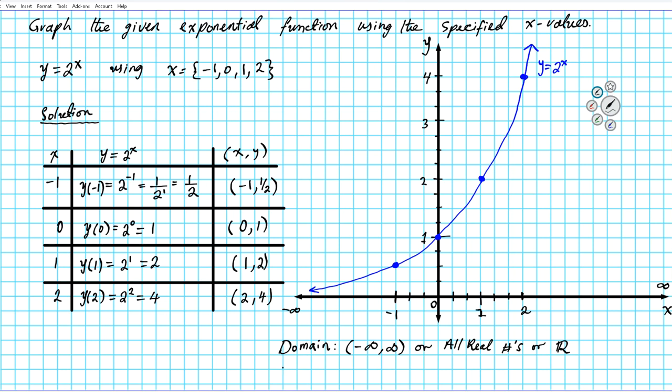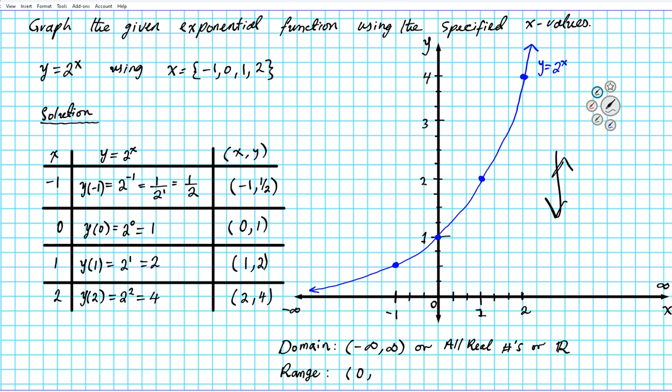And then the range is the vertical span of the graph. How low can you go and how high can you go? In this graph, you get infinitely close to the x-axis without touching it, so that's 0 all the way up. So you go from 0, you're thinking about the vertical span up and down.